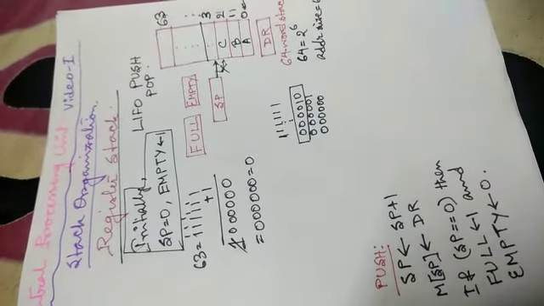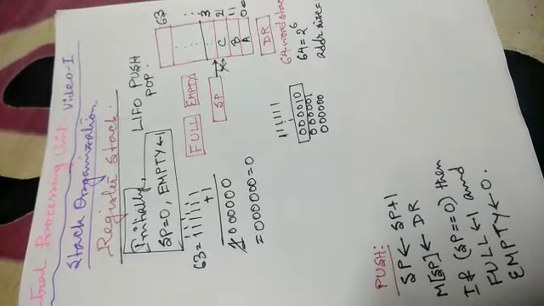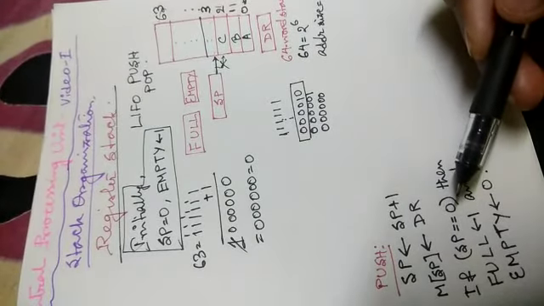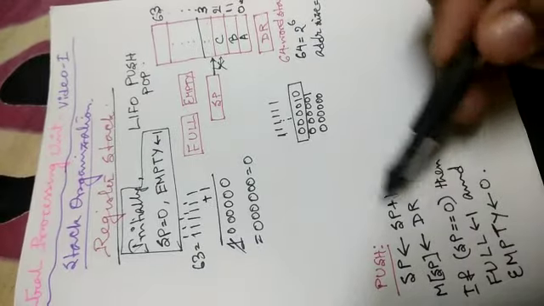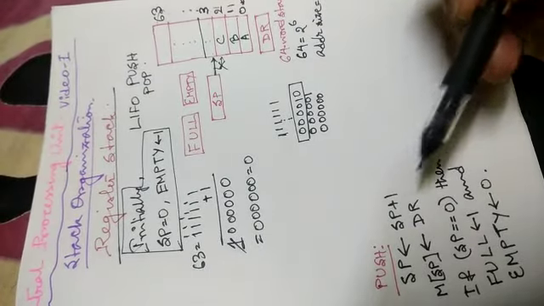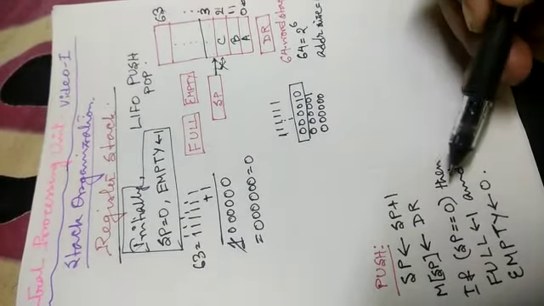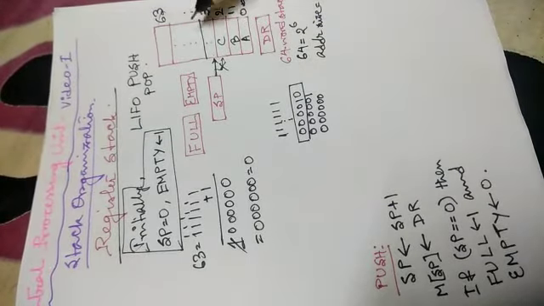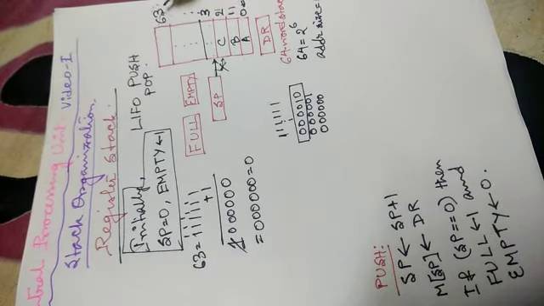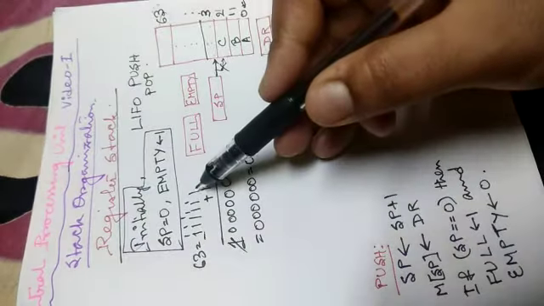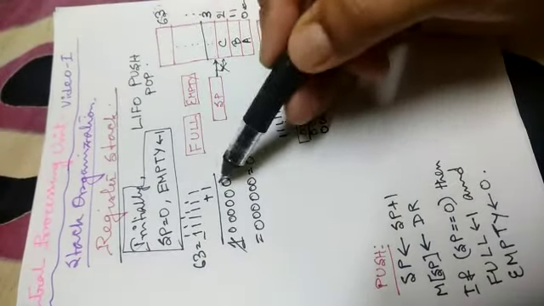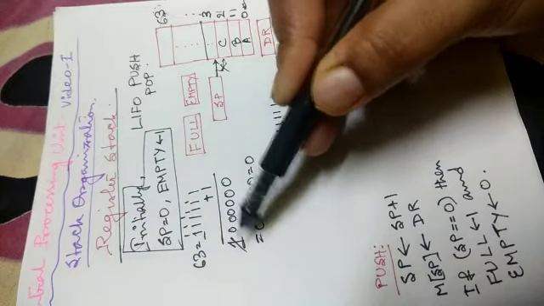Now we have to check whether the stack will overflow or not. To push new data item, we have to check after incrementing this stack pointer by 1 whether it is pointing to 0 or not. Why 0? Because in this example we are considering 63 as the highest address. 63 in binary is 111111. If we increment it by 1, plus 1 means 0 0 0 0 0 0 1.